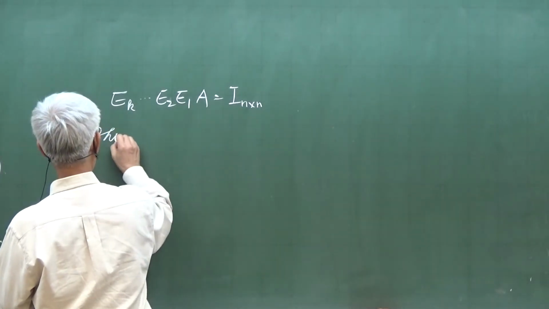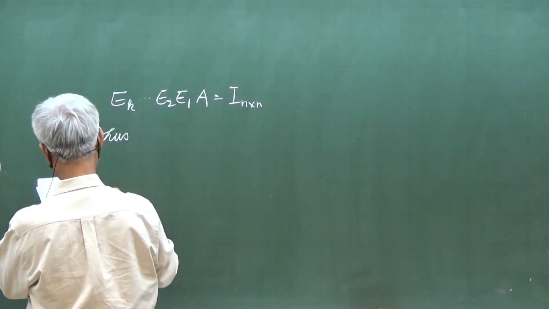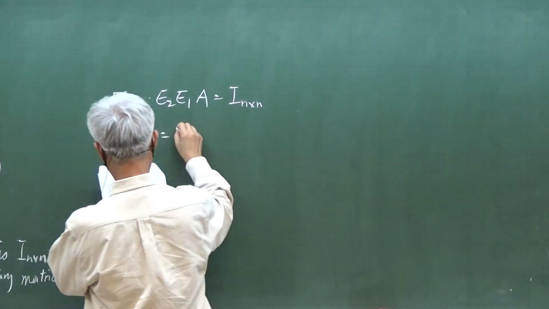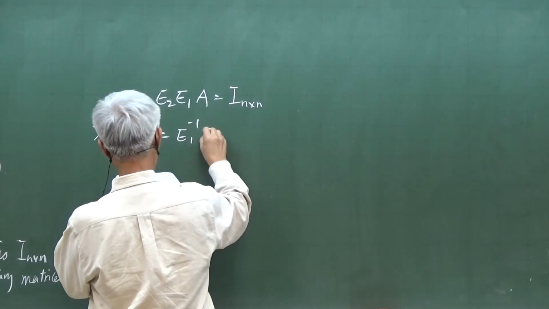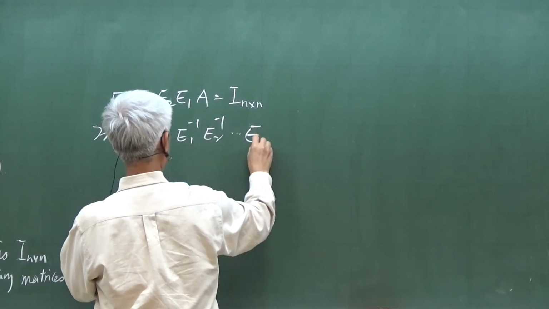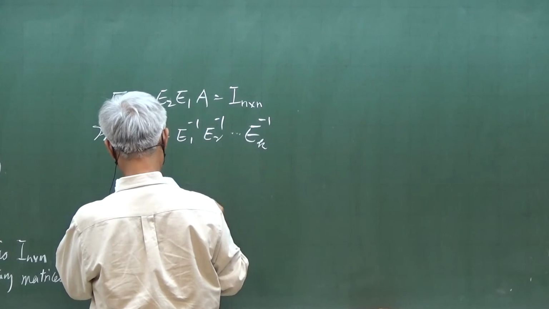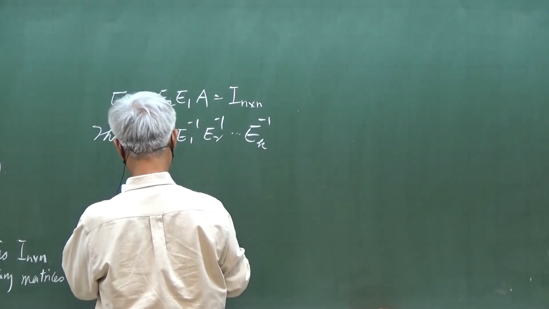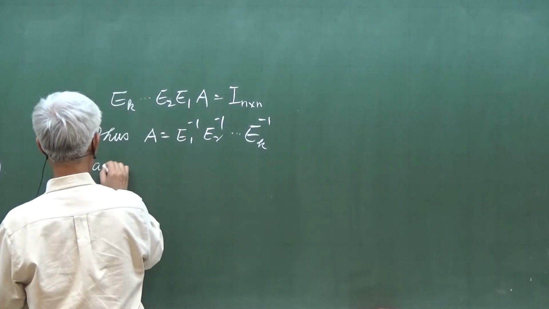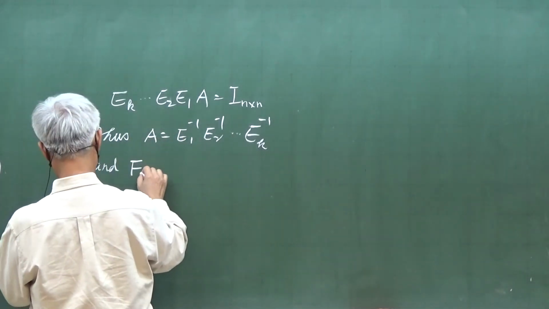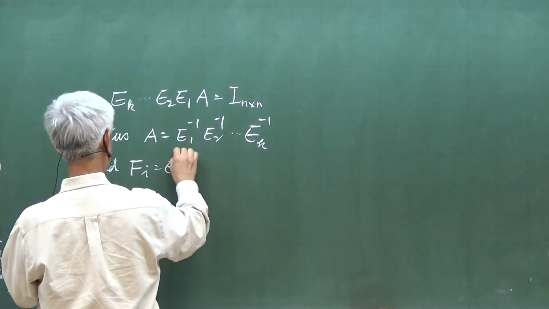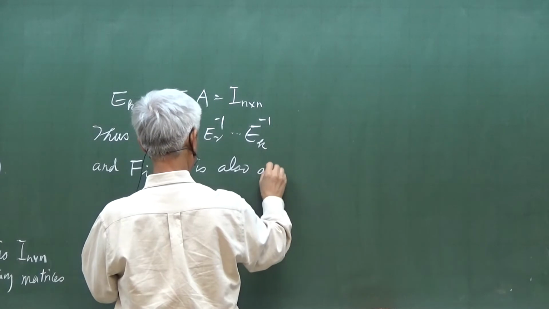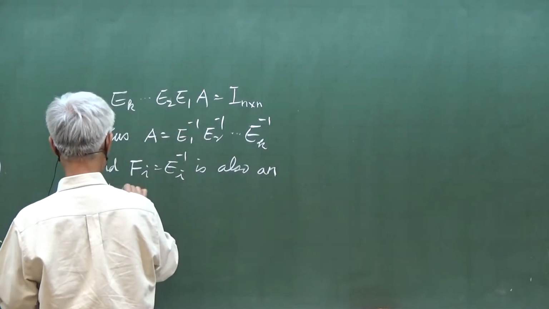Alright, so that A is equal to E1 inverse, E2 inverse, up to Ek inverse, and Fi equals Ei inverse is also an elementary matrix.